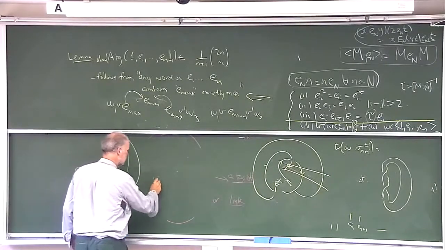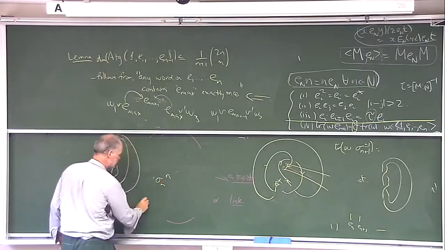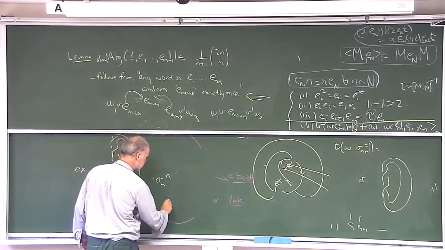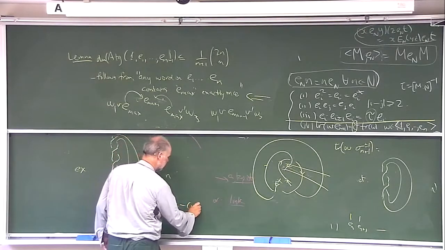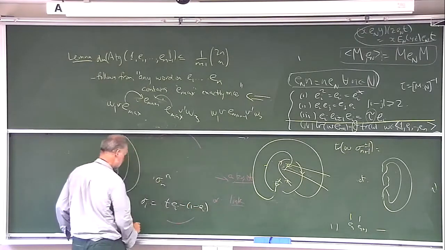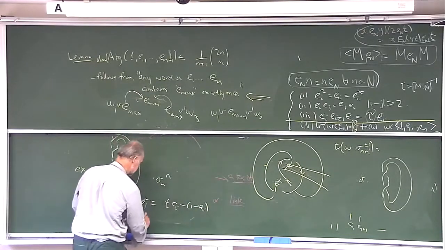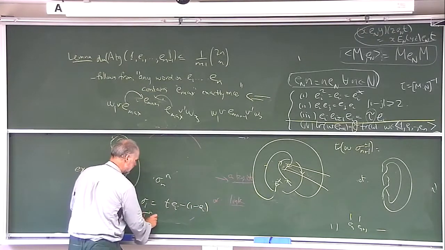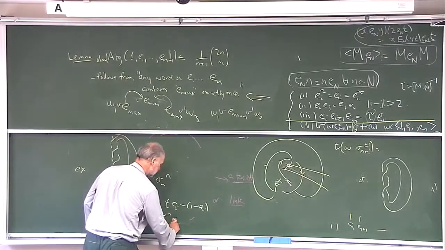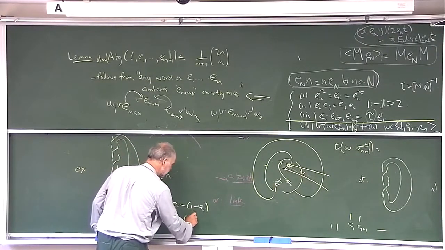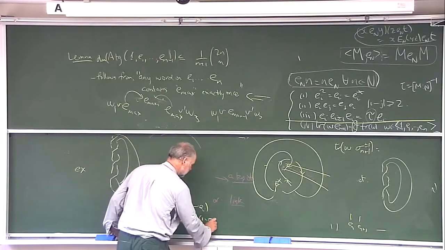Because this is sigma 1 to the n. And remember, sigma was represented as t e_i minus 1 minus e_i. So sigma 1 to the n is t to the n e_i plus minus 1 to the n, 1 minus e_i.